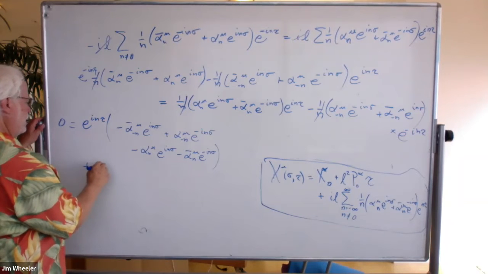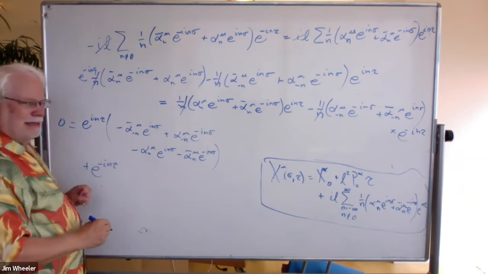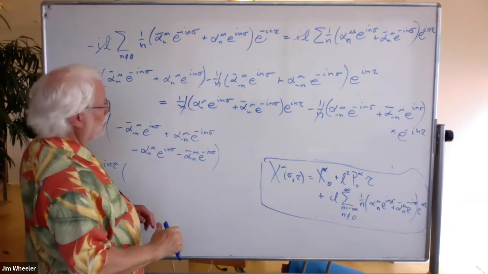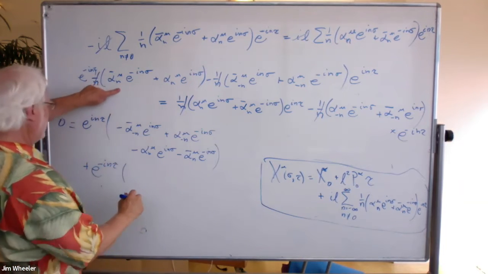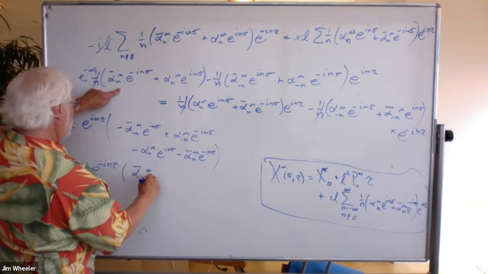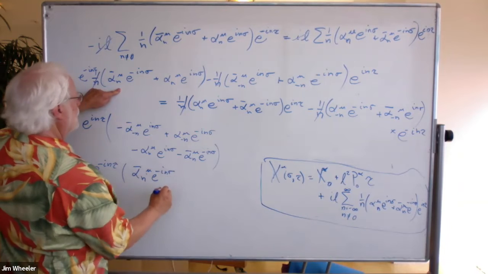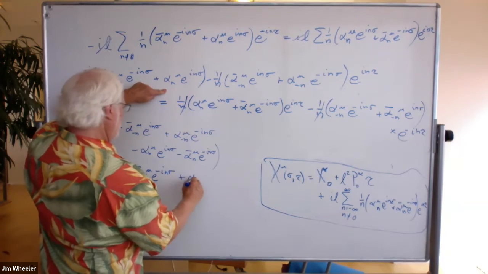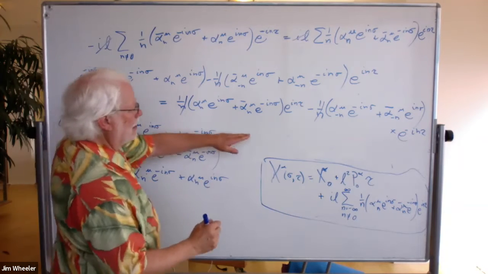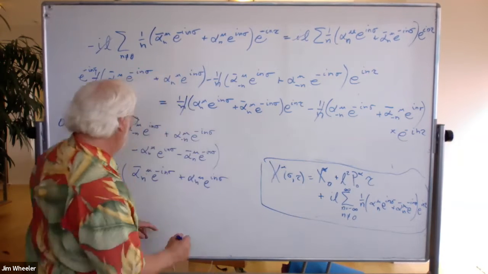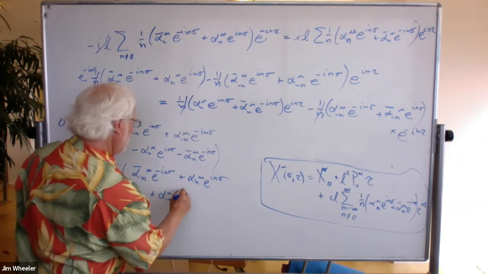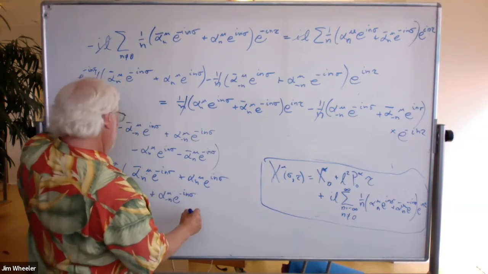Then we have the conjugate modes for tau times what turns out to be a very similar thing. Let's see, we're going to get these guys. So alpha bar n mu e to the minus I n sigma, alpha n mu e to the I n sigma. Then bring this to the other side, it becomes plus alpha minus n mu e to the minus I n sigma.